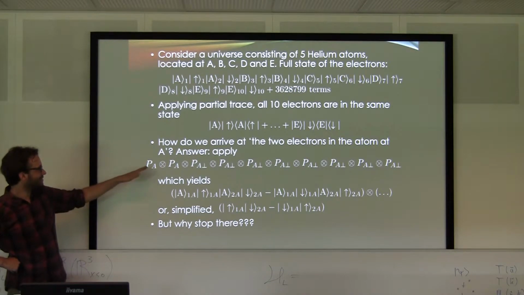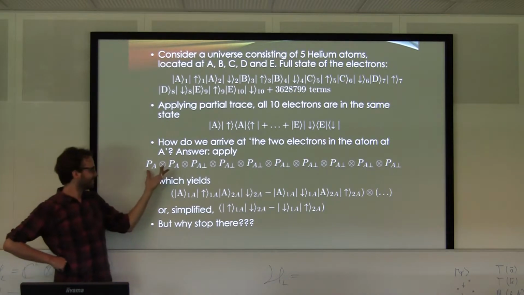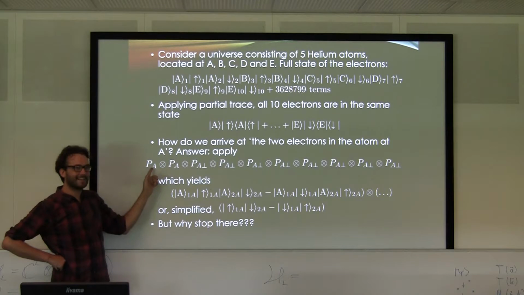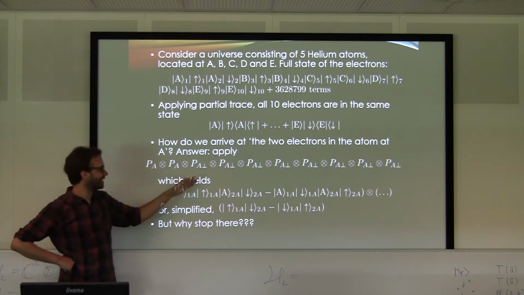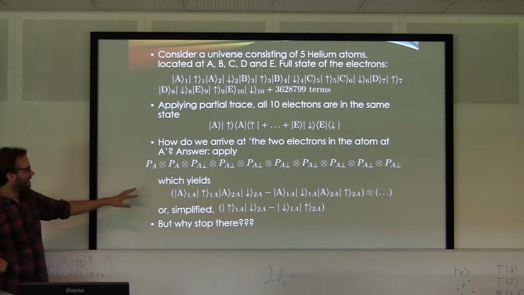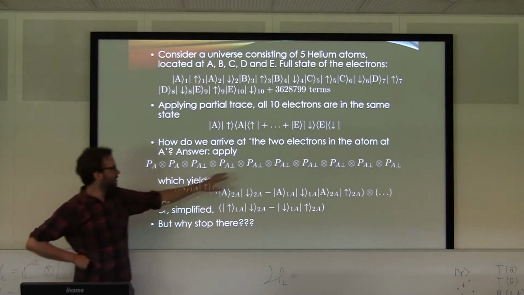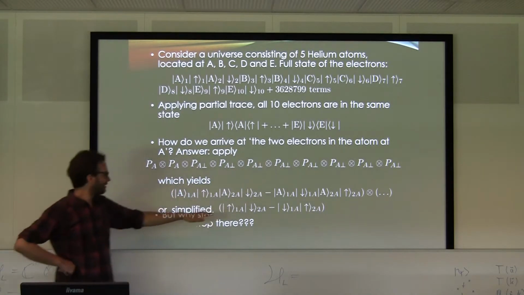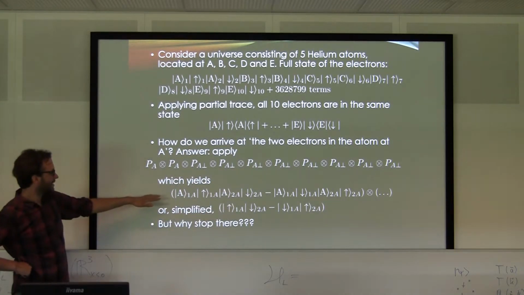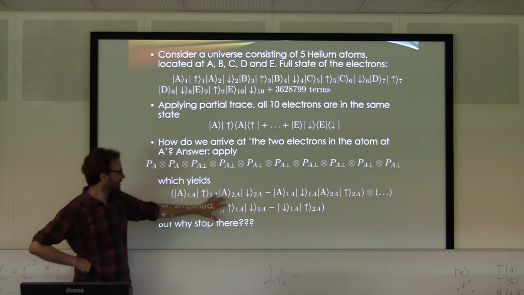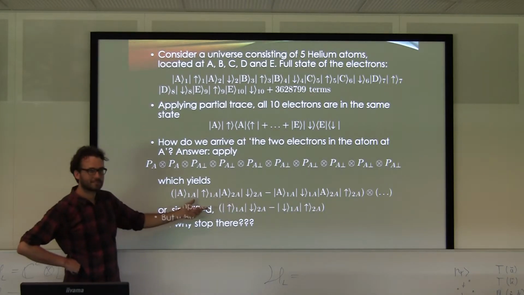So I've been arbitrary as well in putting the A's at the start and the rest. But I could have just as well put these A's somewhere else. And what the result would be is that the labels here will be permuted.